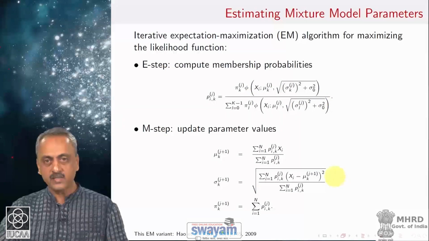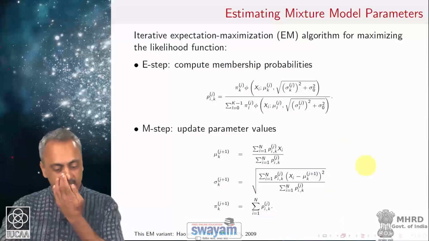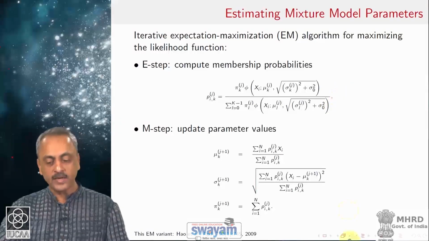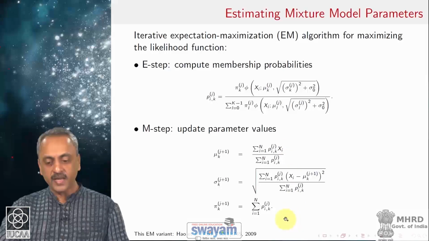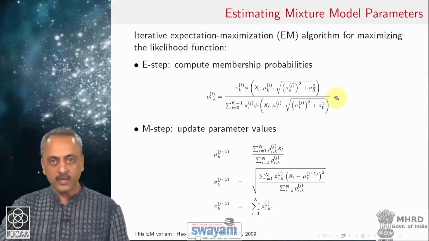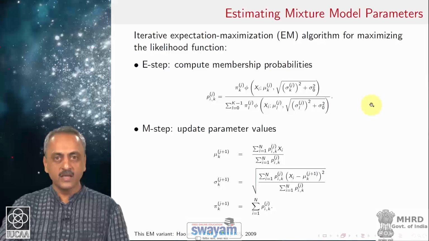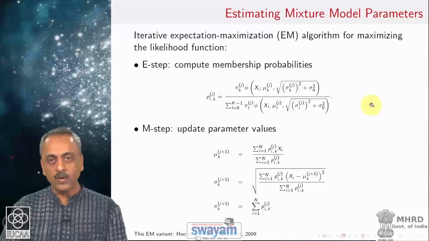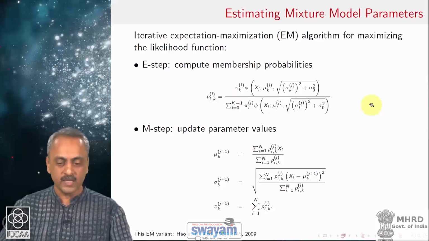Here are the expressions for computations that happen at each step, never mind the details of it, but basically you keep on computing this quantity and then use it in the M step, then the quantities computed in the M step are used back in the E step, and so on and so forth, and you keep on doing this until the vector of your parameters does not change appreciably across iterations. This is typically how iterative numerical methods work, and the EM algorithm also works in the same fashion.